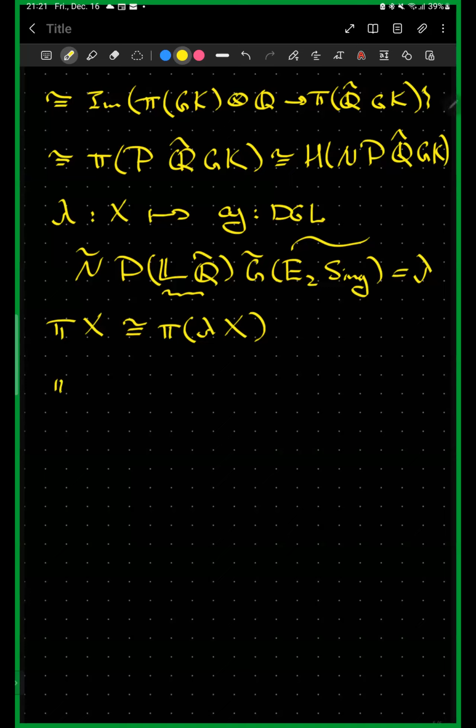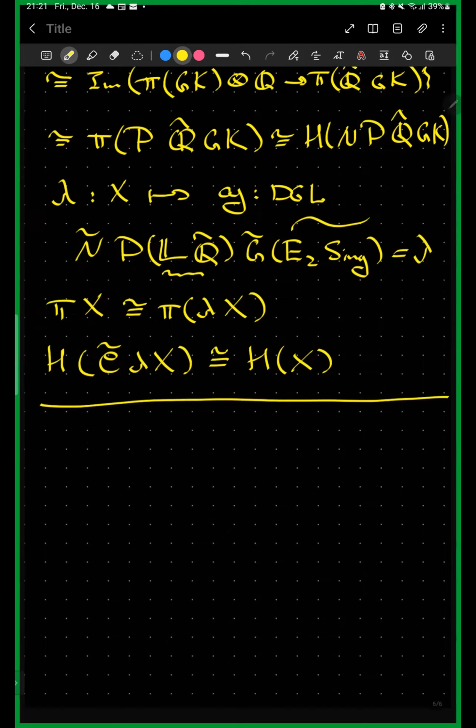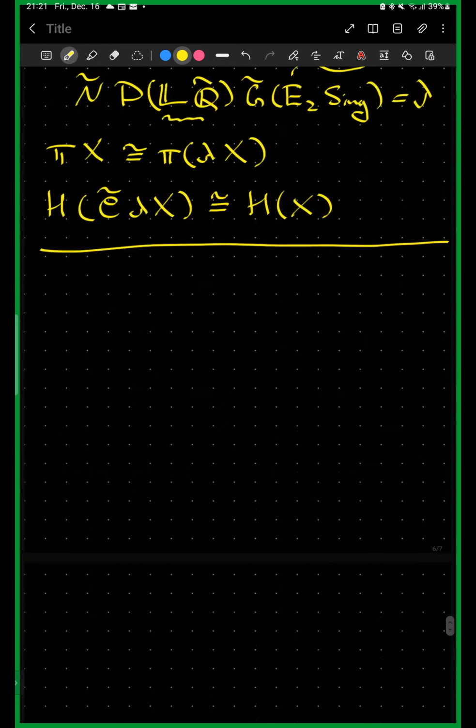So H of C tilde lambda X is isomorphic as a coalgebra to H of X. Okay, so that's the crude part of Quillen's paper, where it is explained that we indeed have such algebraic models, at least at the level of homotopy categories. So the second chapter of Quillen's paper is dedicated to showing that we actually have an equivalence of model categories.